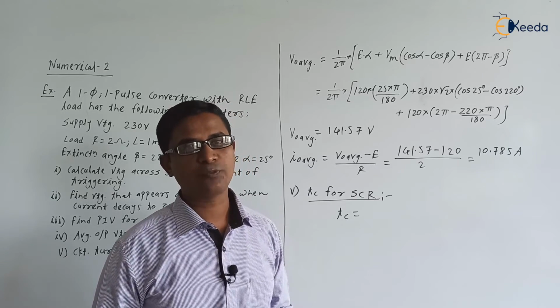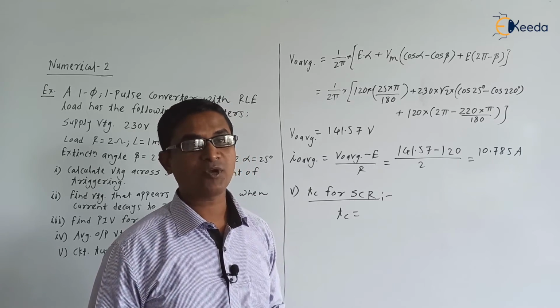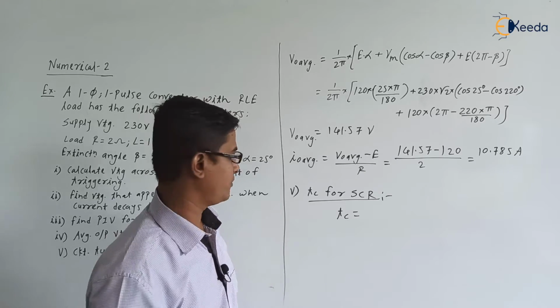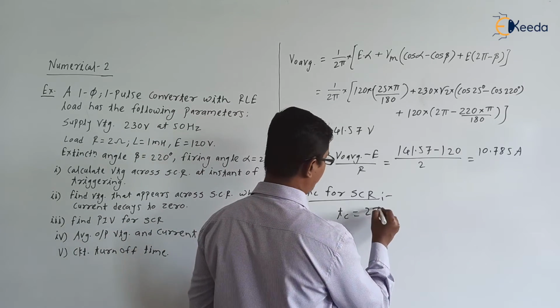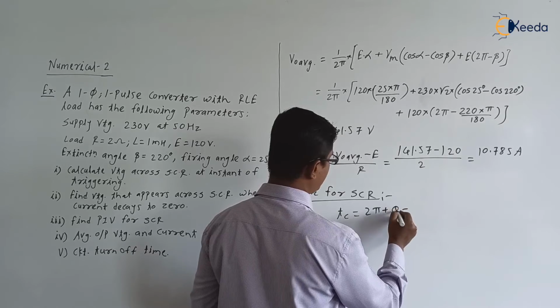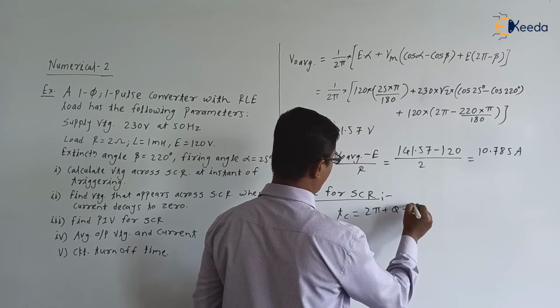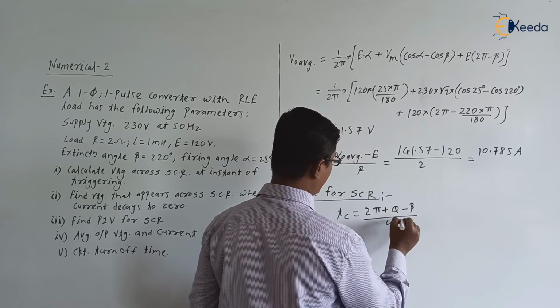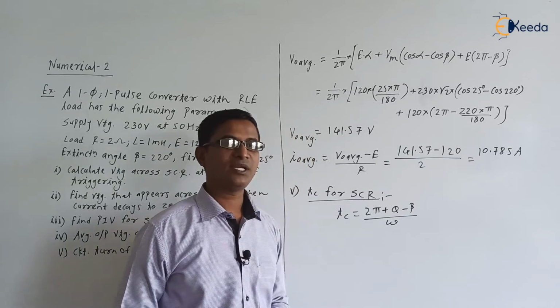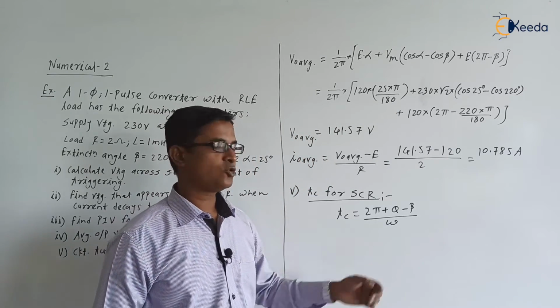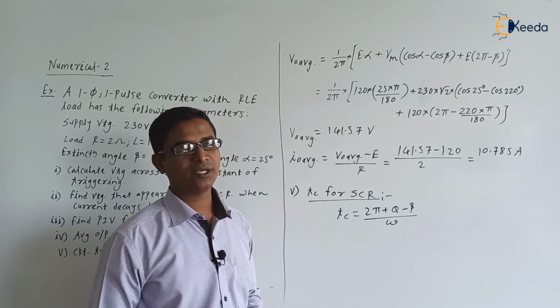Is this clear? Because the load is RLE load, please be careful. So it is 2 pi plus theta minus beta upon omega. Is this clear?